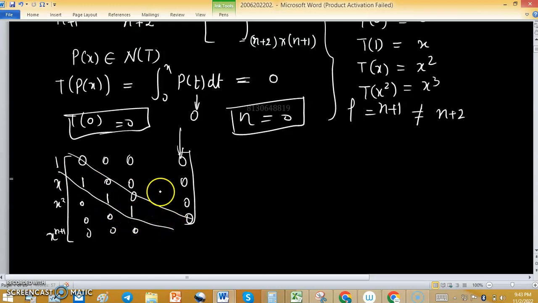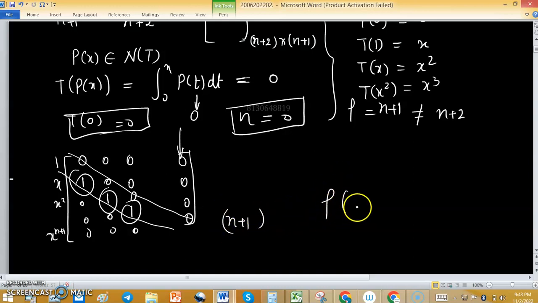So how many non-zero entries? 1, 2, 3. Only one row is empty, or one column is 0. So n plus 1 will be the rank of this matrix representation. If I say the matrix representation is A, then the rank of A will be n plus 1. Rank is n plus 1.